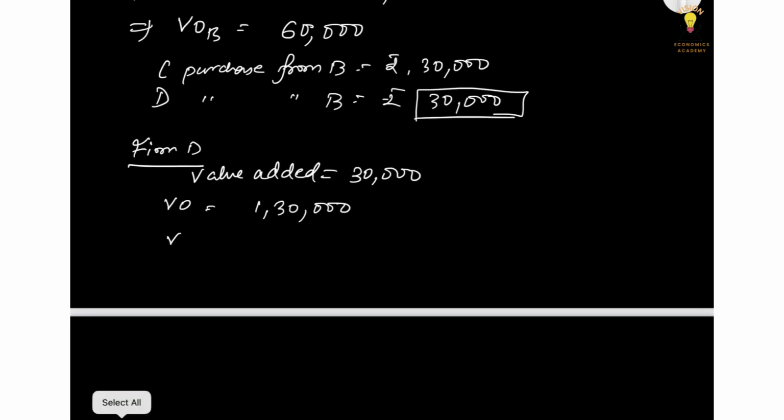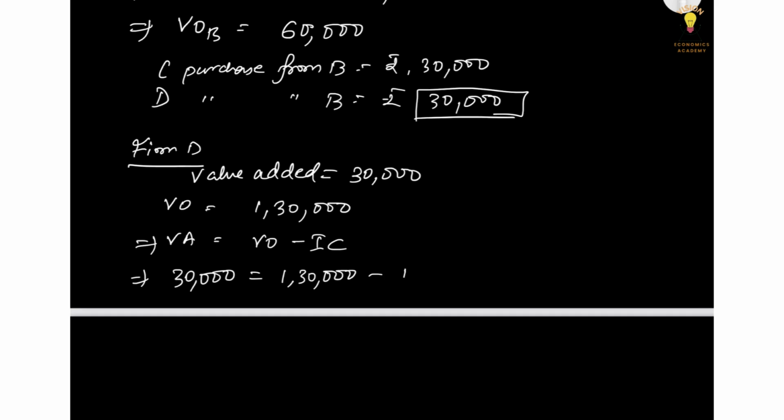Value added is value of output minus intermediate cost, which gives 30,000. So 30,000 equals 1,30,000 minus intermediate cost, so the intermediate cost of D will become 1 lakh.